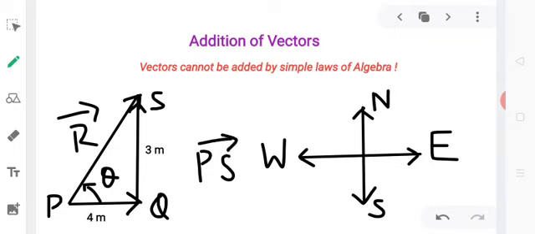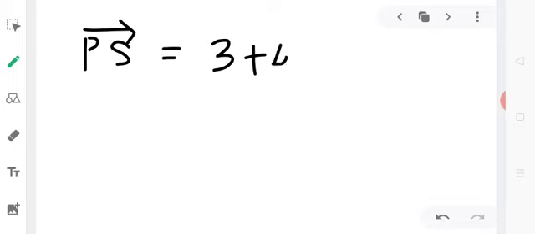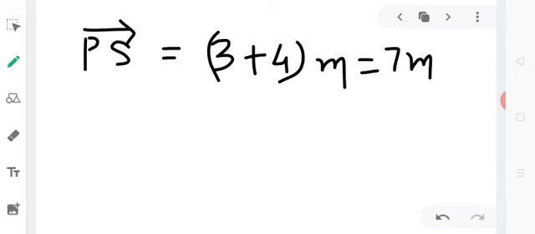So here the displacement vector PS is equal to vector R. How do we find the magnitude of vector PS? If we apply the general method of addition, then we shall get PS to be equal to 3 plus 4, that is equal to 7 meter.